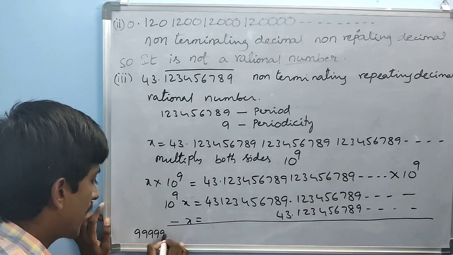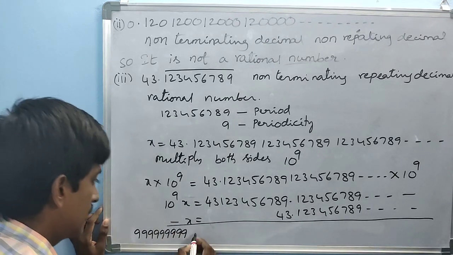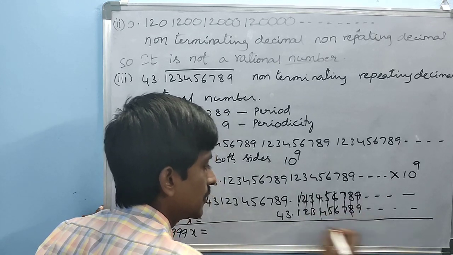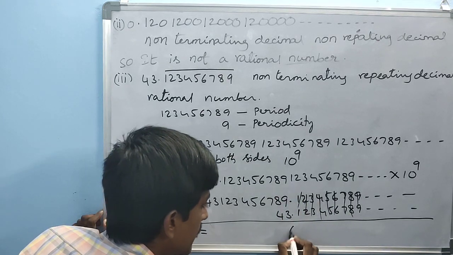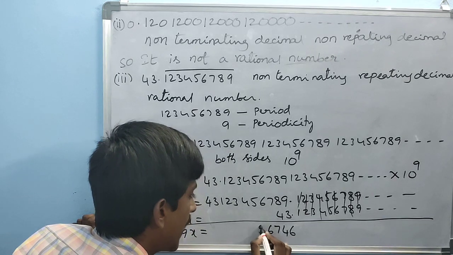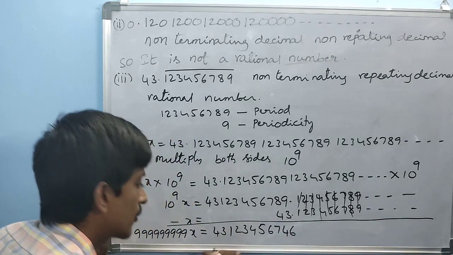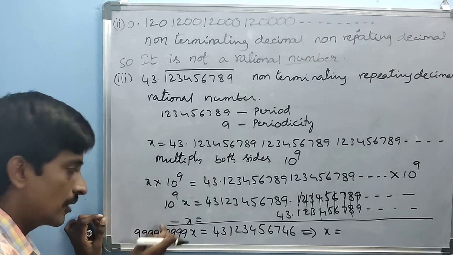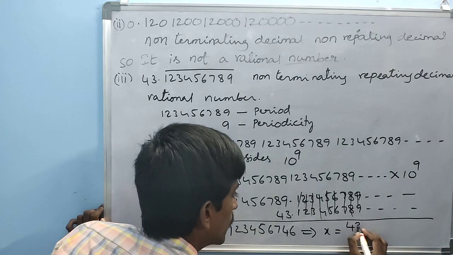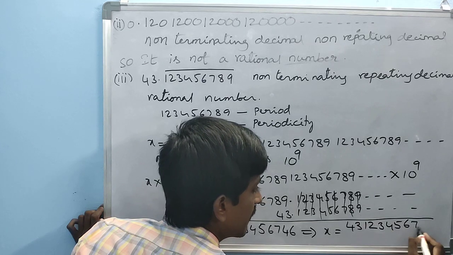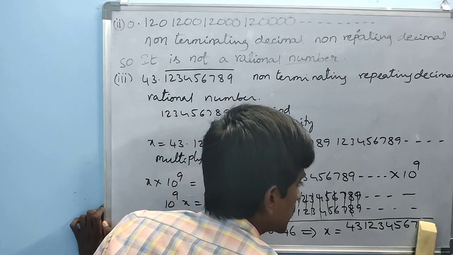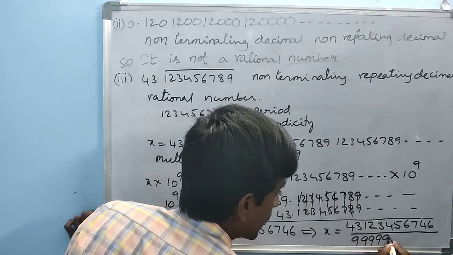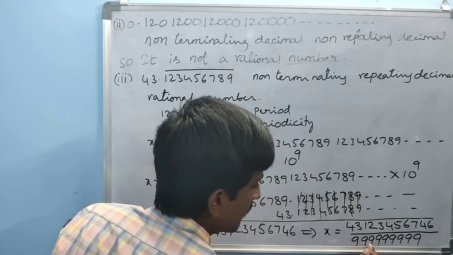After the decimal point there is no value, all zeros. So subtracting, the result is 43123456746. So 999999999 x equals 43123456746. Since x is multiplied by this number, transferring it to the other side it becomes division: x equals 43123456746 by 999999999.